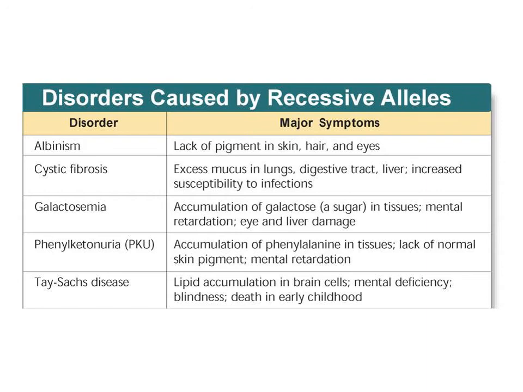And this can be controlled with diet. And then Tay-Sachs disease, which is common among Jewish people. And in fact, they're called Ashkenazi Jews. And one of the telltale signs of it is a red dot in the back of the eye. So that's kind of different.